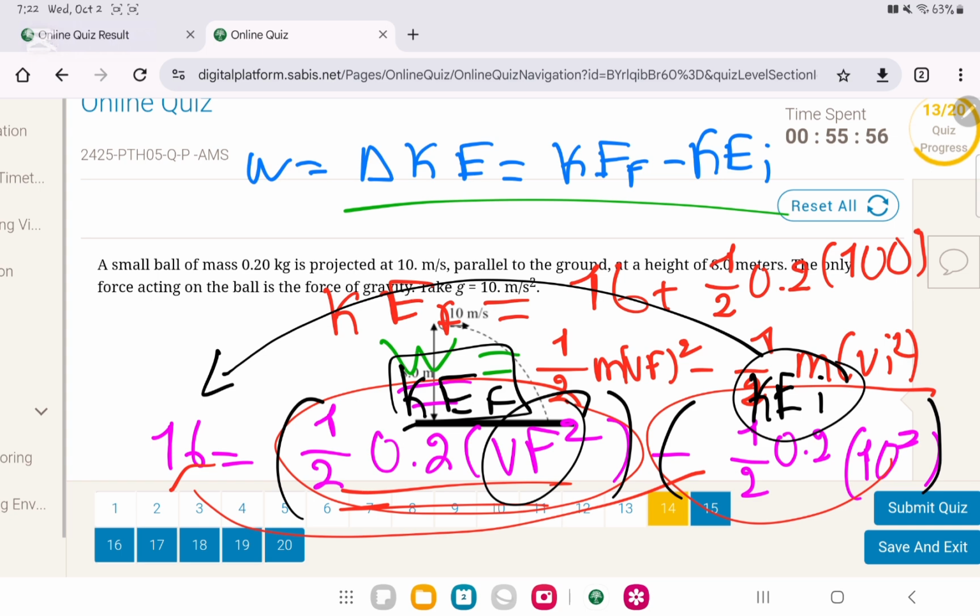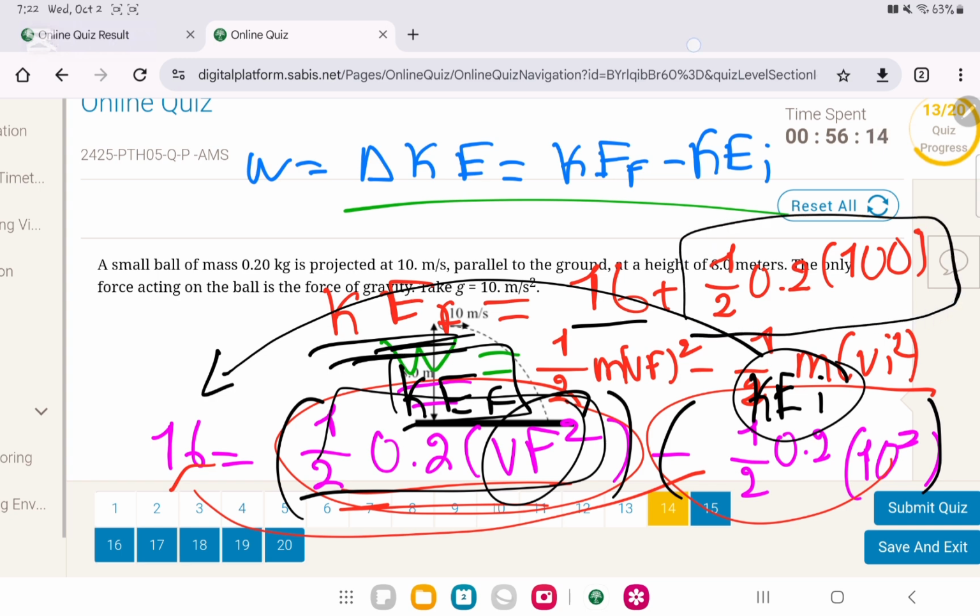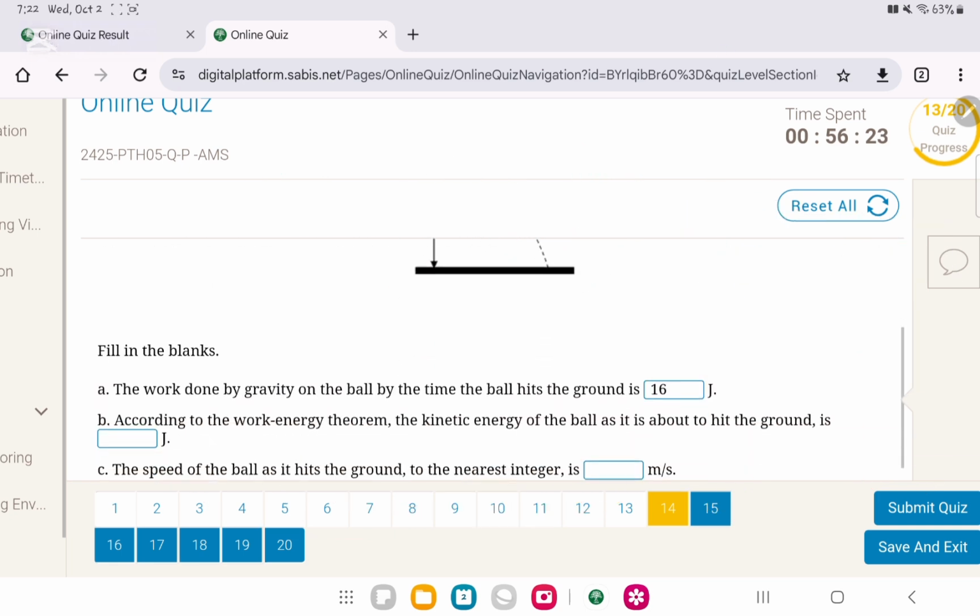No need to put all these values because we only need to find the kinetic energy final. The kinetic energy final is equal to 16, the work, plus the kinetic energy initial, so plus 1 over 2 times 0.2 times 100. So we're going to get that kinetic energy final is equal to 16 plus 10, which is 26.